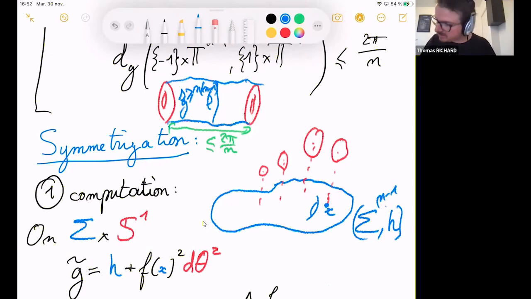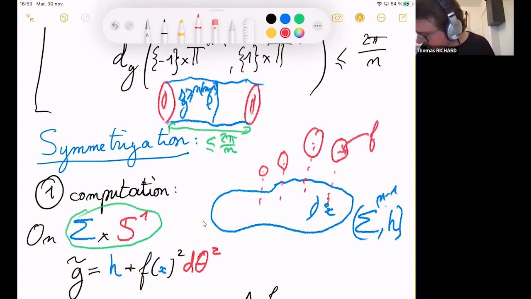And then I will build a new manifold, Sigma times S1, where S1 is the circle, in the following way. At each point x in Sigma, I will attach a circle of radius f of x. And so the size of the circle I attach depends on the point on Sigma.